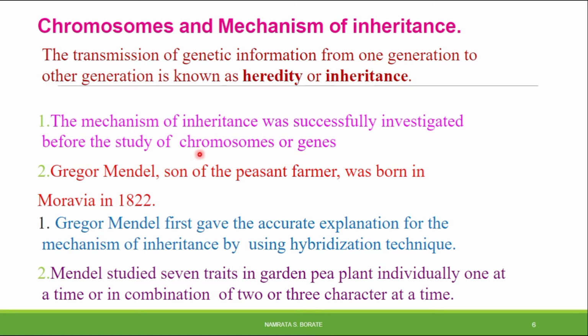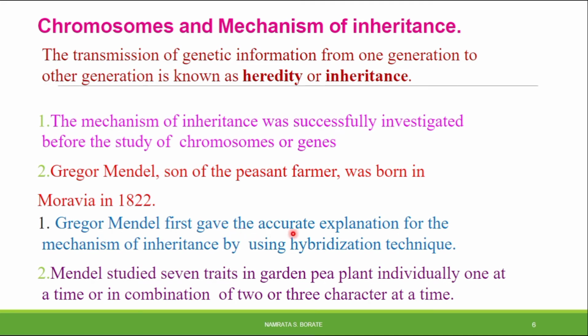The mechanism of inheritance was successfully investigated before chromosomes or genes were known. That is, Gregor Mendel, the son of a peasant farmer, was born in Moravia in 1822.